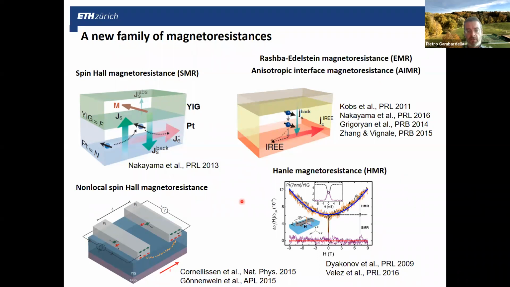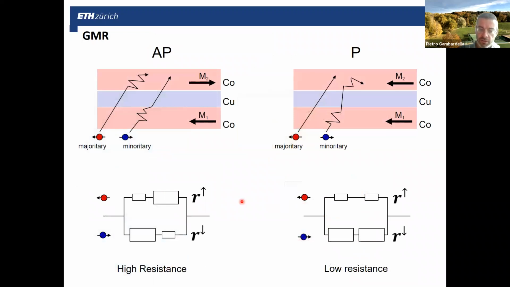But here I would like to focus on a different effect. And the way to introduce this is to make an analogy with the giant magnetoresistance, which I assume everybody knows what it is. So in the standard GMR system, we have a magnetic trilayer where the two magnetic layers are separated by a non-magnetic spacer. And the basic principle here is that a current flowing in the system is spin polarized by one of the magnetic layers, let's say the bottom one.